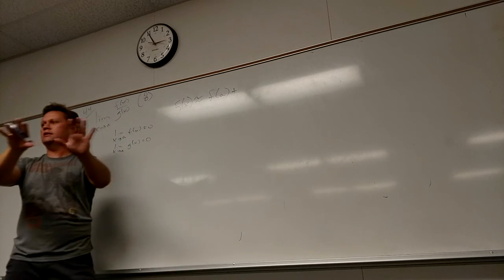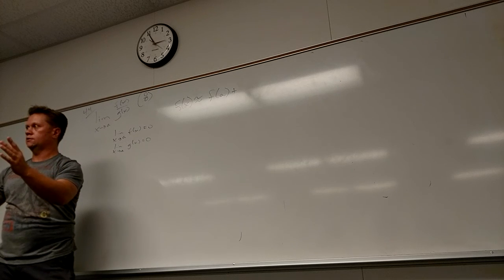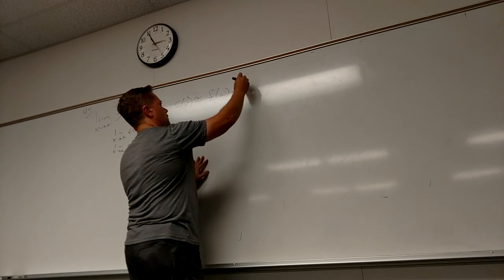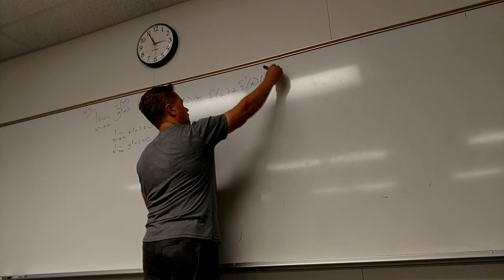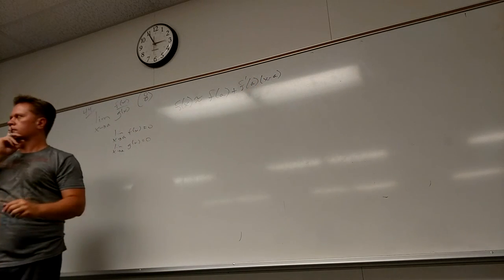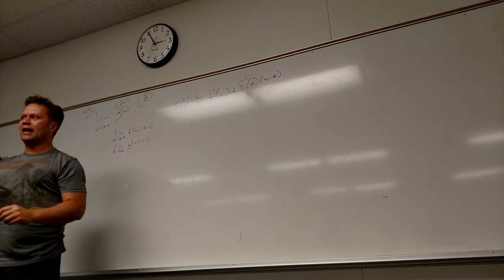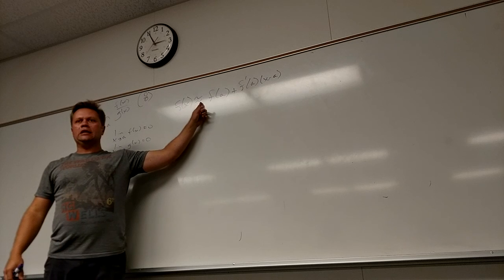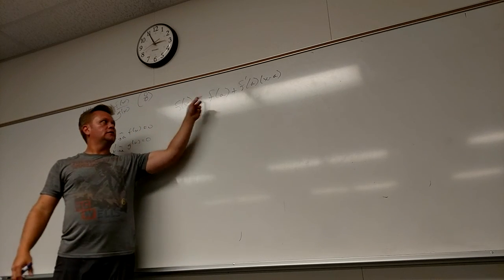This really is just the algebra equation of a line. That's all it is, right? Is that cool? And the closer that x gets to a, the more equal this becomes. You guys remember that part too?